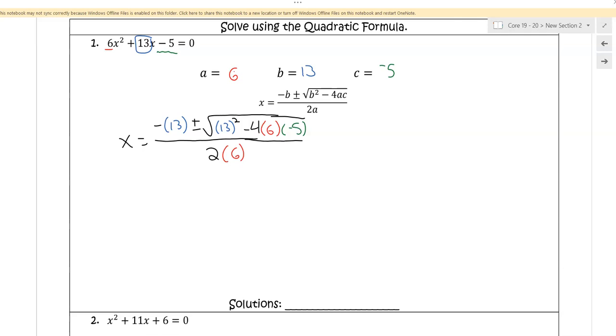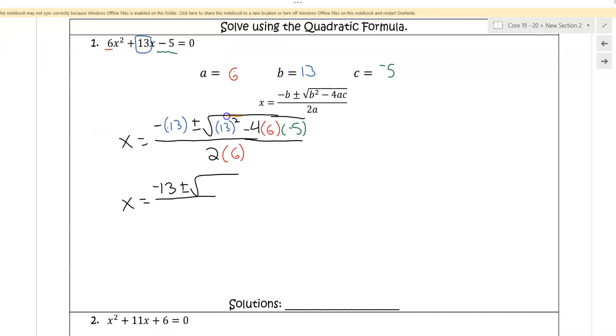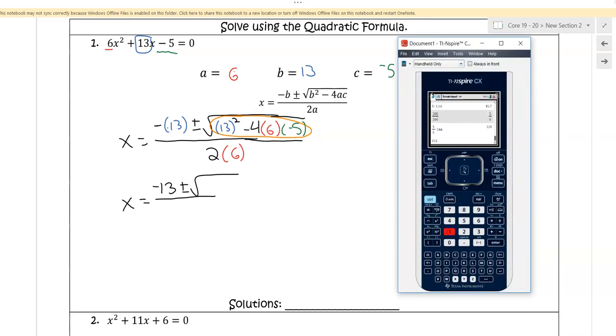So we're going to start simplifying in pieces, right? This opposite of 13 just becomes -13. Then I type what's in my square root. I don't put the square root in the calculator yet, right? So just this part. That's 13 squared, and I'm going to put all my parentheses in as well, minus 4 times 6, and then times -5.